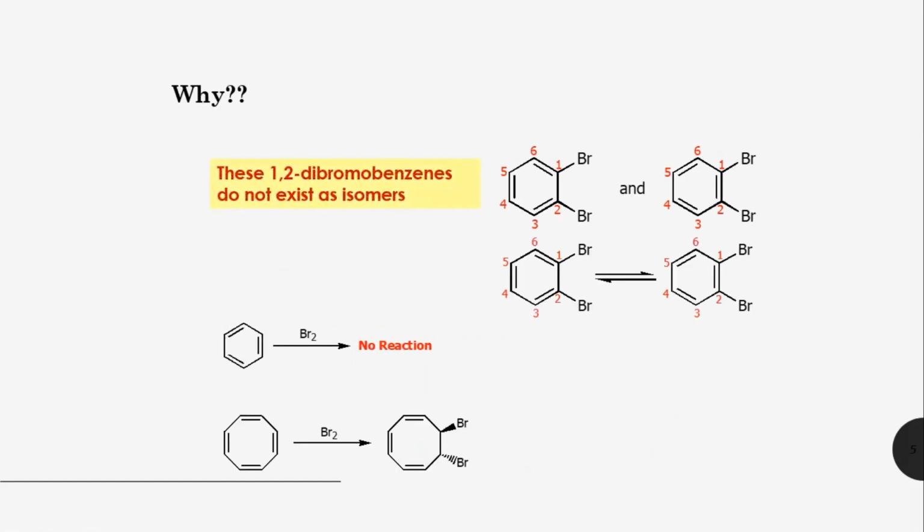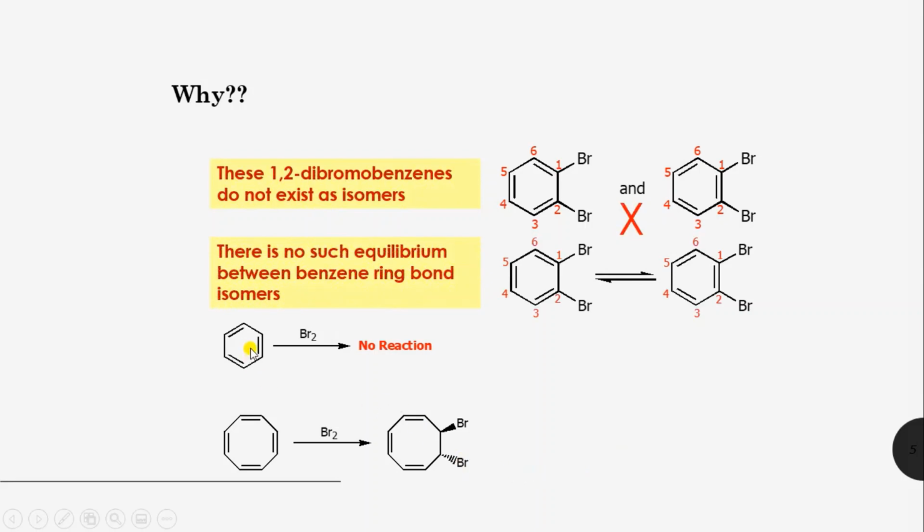On the very next slide, I mean slide number 5, you can see that the benzene ring has been compared with the 1,3,5,7-cyclooctatetraene. You can see the benzene ring is not undergoing the addition reaction with the bromine.